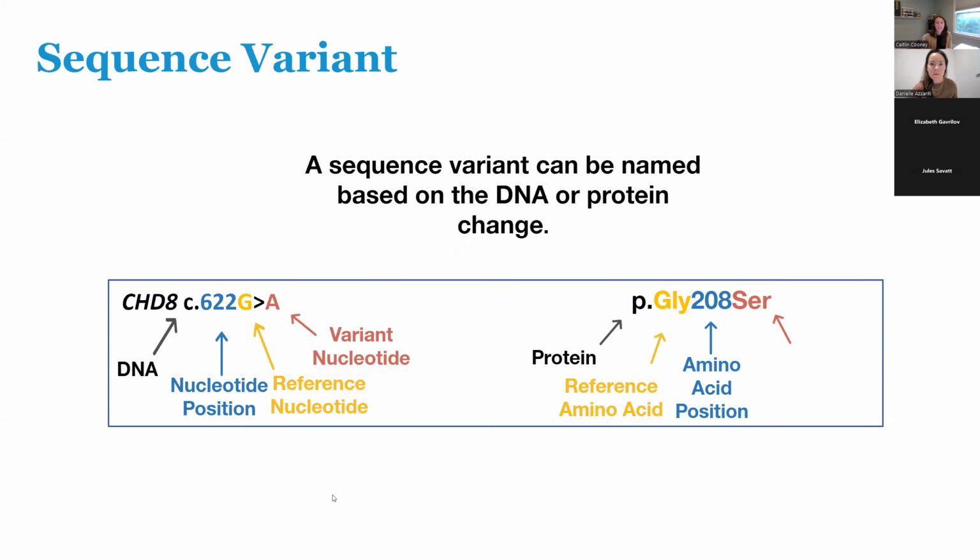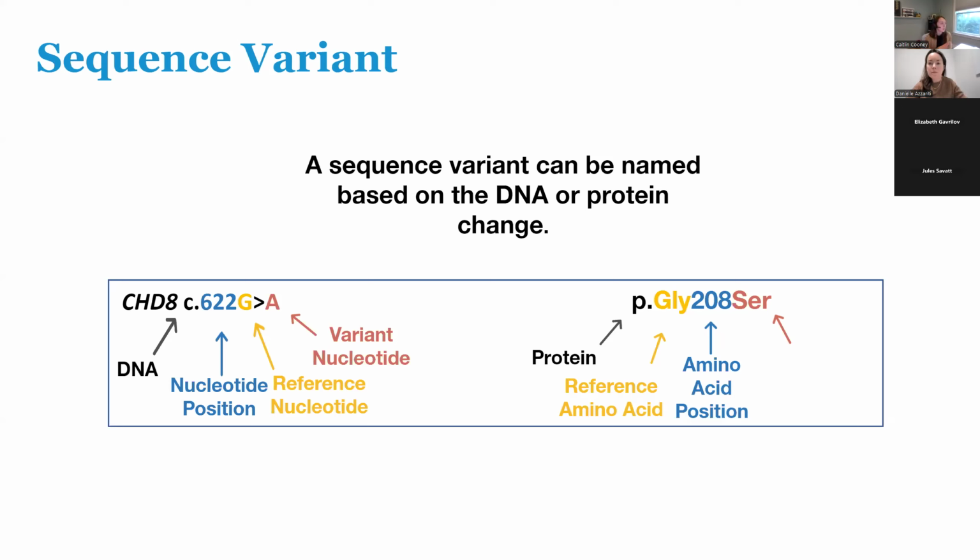Sequence variants are typically named based on the change to the DNA and the change to the protein. So if you're looking at a genetic report and you see a C and then a period, we call it a C dot on your report. This tells you the change to the DNA. The C is followed by a number, so you know exactly what letter is changed in the DNA.